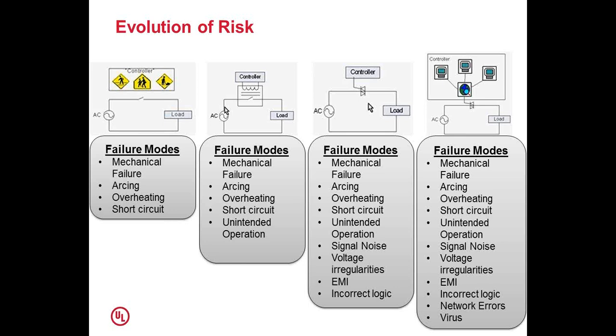As the technology gets complex, we have another failure mode called unintended operation, because the controller may give a false trigger, activating the load, which is a lamp or a motor. As we go further, with ICs coming in, we use a controller like a triac here to control the load.